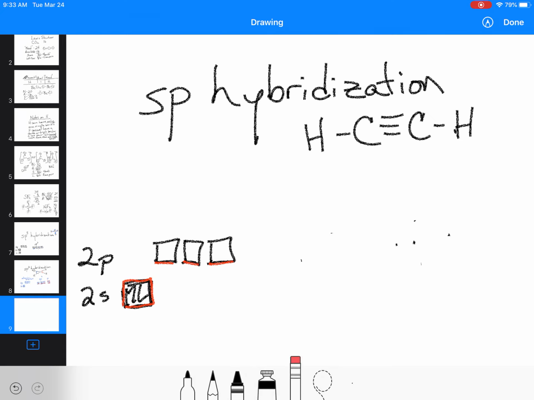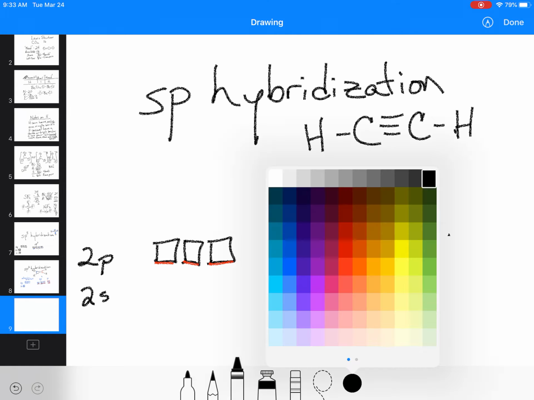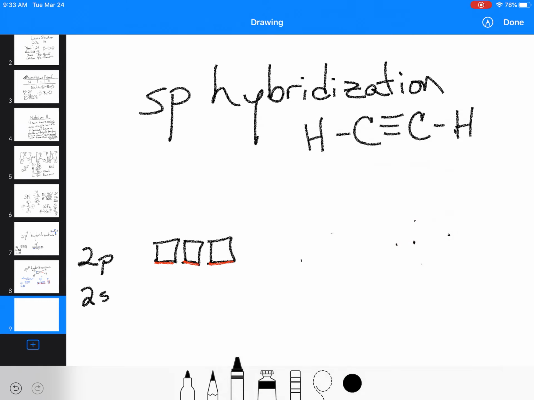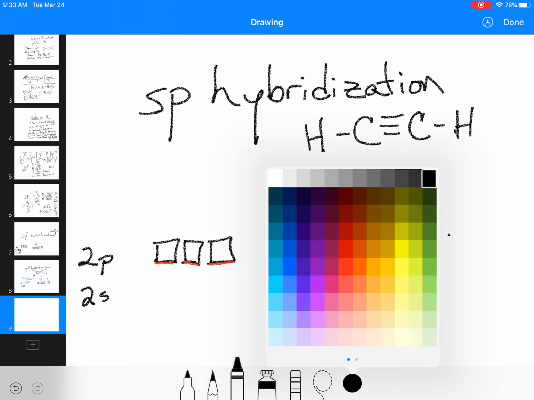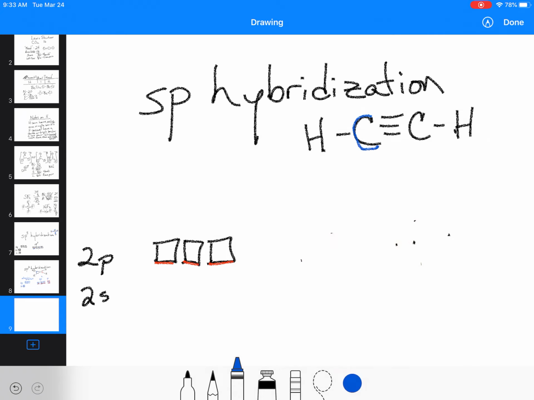What we have with acetylene is a carbon that has a single bond to one hydrogen and a triple bond to the other carbon. I'm just going to focus on the carbon on the left to start with, and I'll make it my blue carbon.